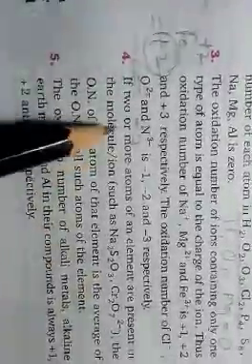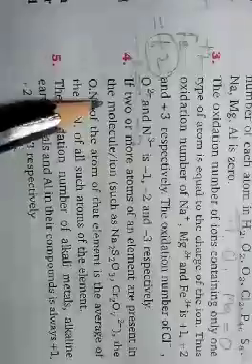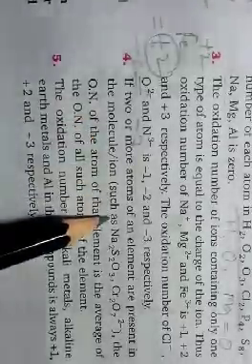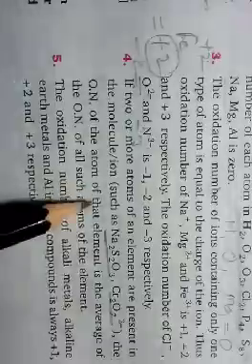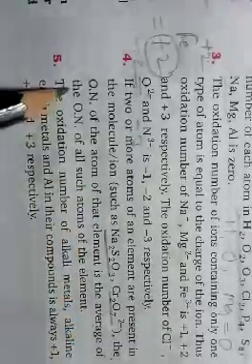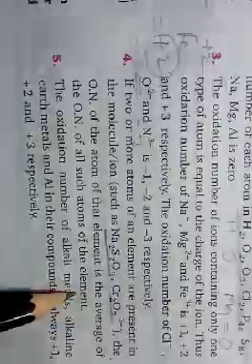The next point is, if two or more atoms of an element are present in the molecule or ion, such as this and this, the oxidation number of the atom of that element is the average of the oxidation numbers of all such atoms of the element.